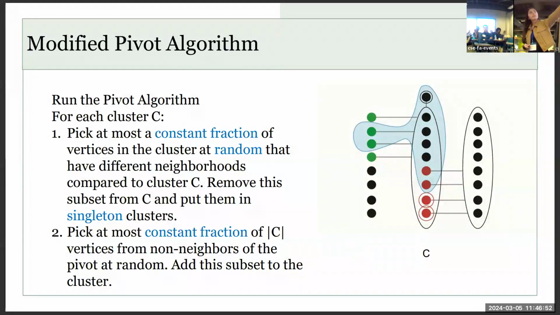We keep the size of the cluster changing only by small amounts, but this is actually enough to beat the 3 approximation.